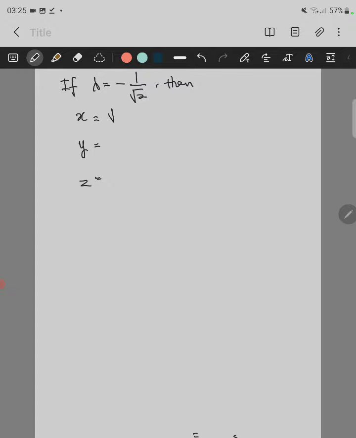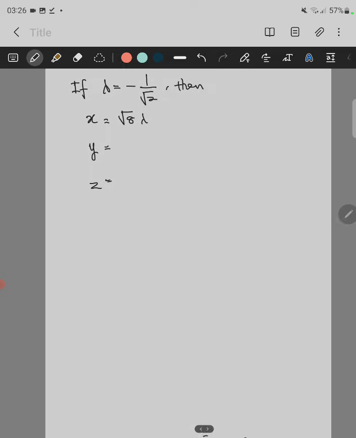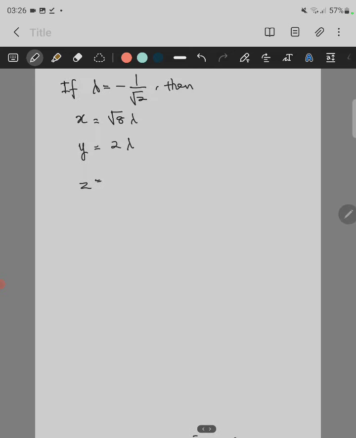x is the square root of 8 lambda, y will be 2 lambda, and z will be the square root of 8 lambda. So we just substitute our lambda with minus 1 over square root of 2.